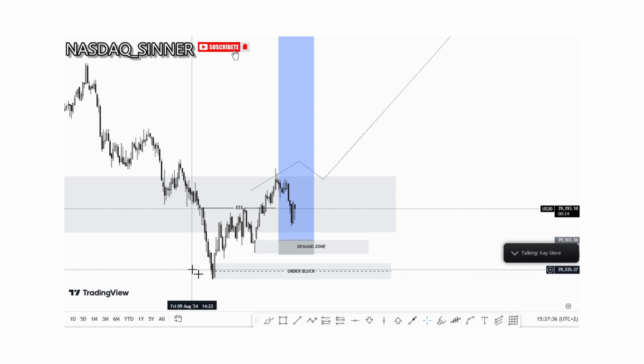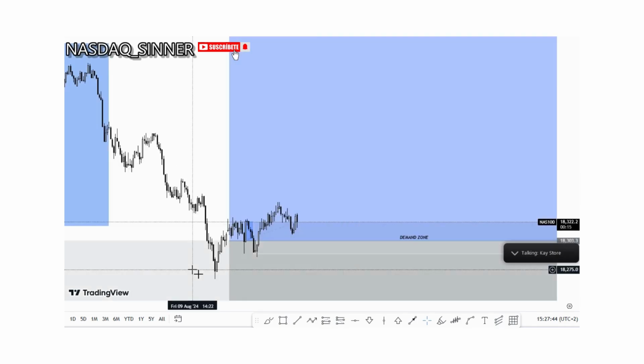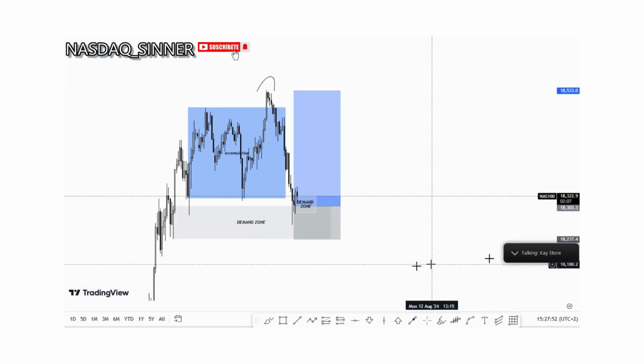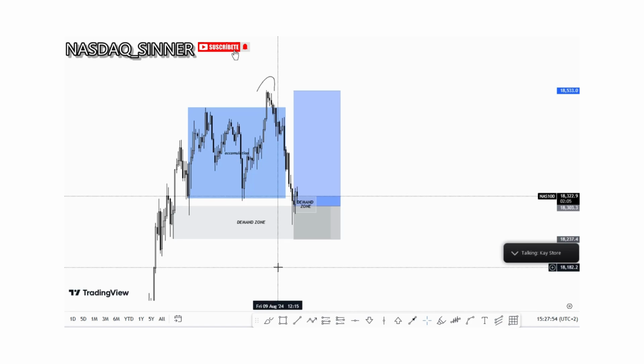I feel like now when it comes to NASDAQ, I'm not sure about it. So yeah, let me just say buy NASDAQ now, then put this SL over here. It's 18237.4.